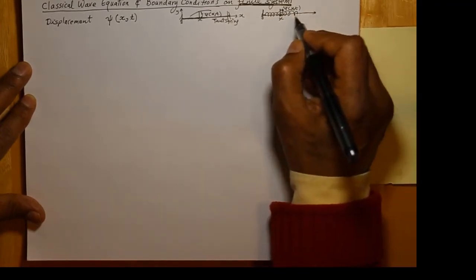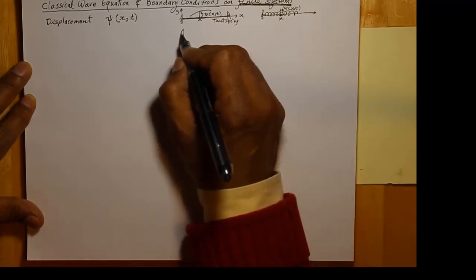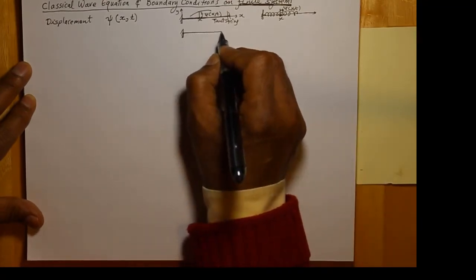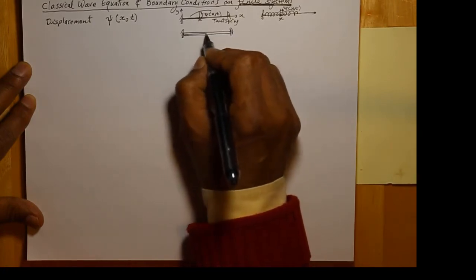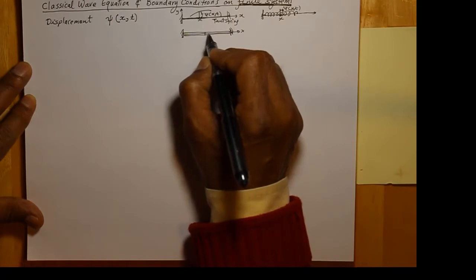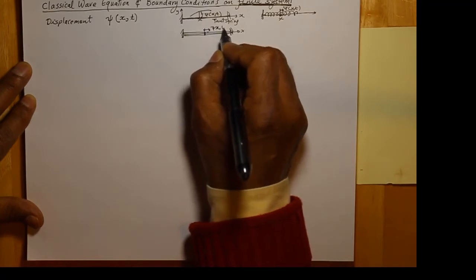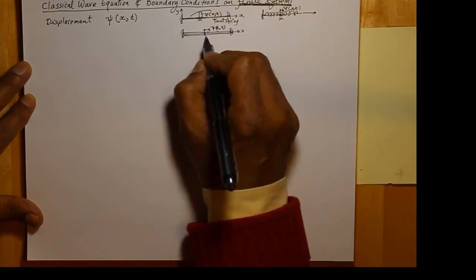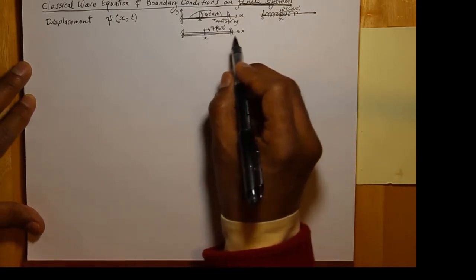In a bar, I had a bar which may have been fixed at both ends. Then we looked at the deformation of this thing at different times, so they take a different variable.